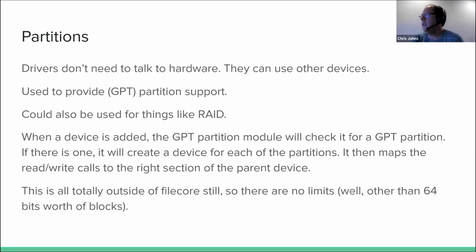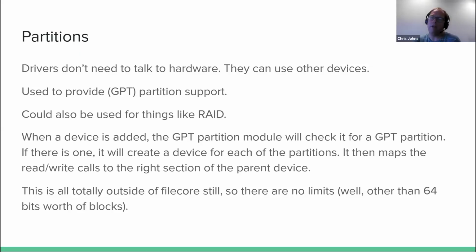Because the whole thing is quite dynamic, when a device is added, a service call, in RISC OS terms, goes out to say a new device is here. The GPT module will go, oh, that's interesting, and try to read a GPT table. If there is one, it creates a new device for each of the partitions in that table.